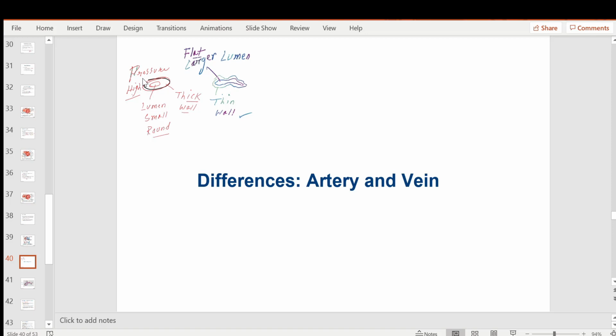And after the blood passes through the capillaries, the pressure gets really low. Okay, so inside the vein, the pressure is very low. Okay, and we know that arteries take the blood away from the heart, veins take the blood towards the heart. So those are the differences between the arteries and veins. If I ask you either in the lab or lecture, you should be able to write down those things.